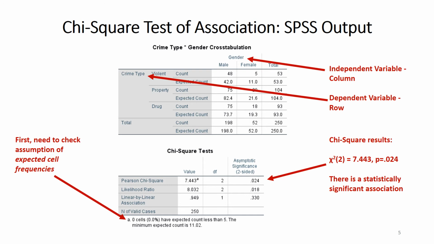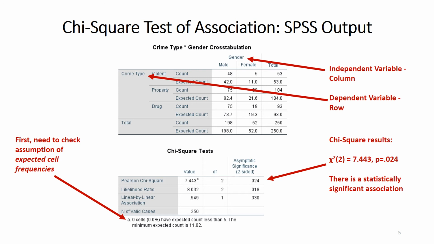Another reason why I set it up this way for SPSS is the general agreement in the field that when you're entering your data and your variables into SPSS for a chi-square analysis, your independent variable is typically inserted into the column section, and your dependent variable is inserted into the row section.